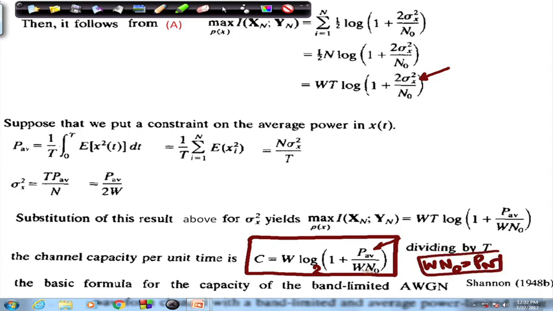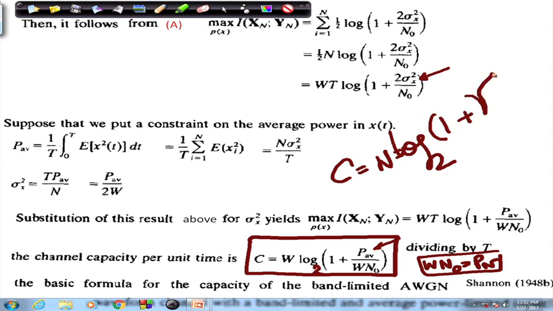So, what you have is W log base 2 of 1 plus signal power to noise power. In other words, sometimes we will write capacity is equal to W, the bandwidth in hertz, log base 2 of 1 plus SNR, and this is in linear scale.